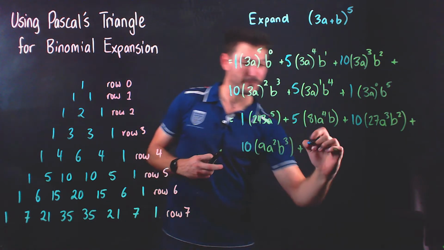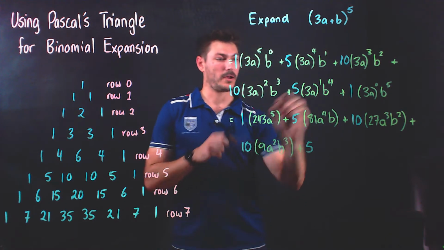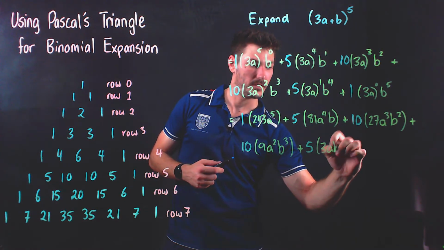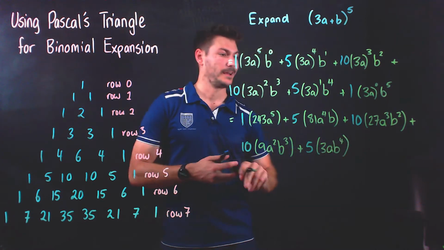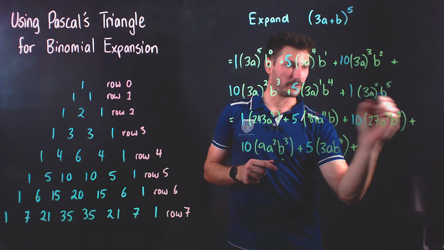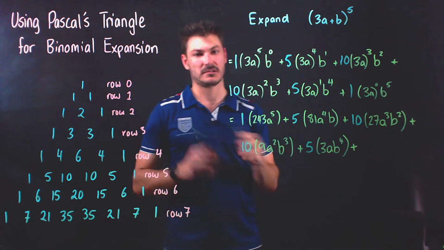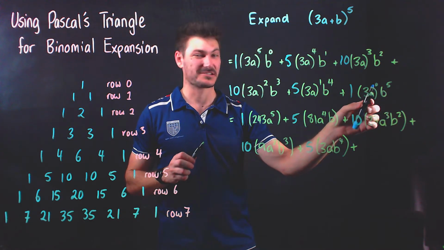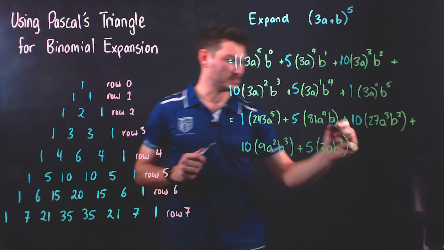We have a 5 out the front. We have 3 to the power of 1, which is just 3, a, b to the power of 4, and last but not least, I have one lot of this. Anything to the power of 0 is just 1, so even though it's 3a, it's all to the power of 0, so that's just 1 times b to the power of 5.